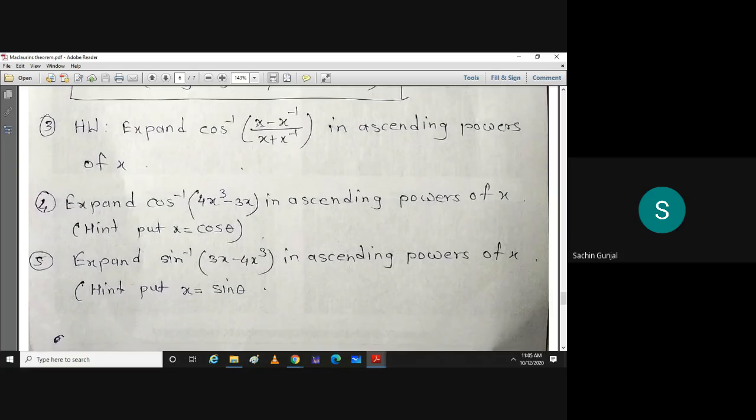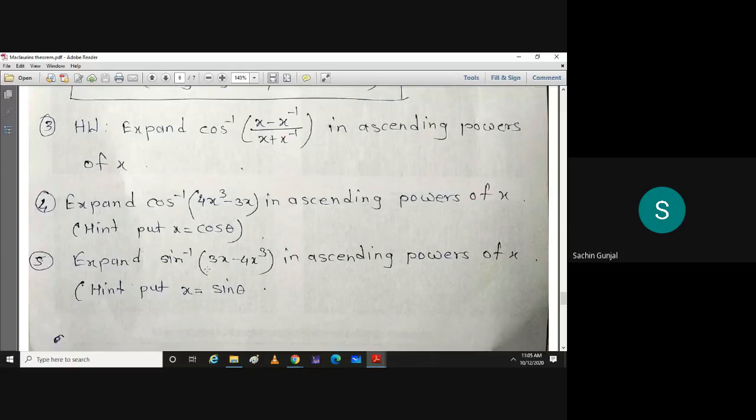Similarly, this you can do at home as homework. x minus x inverse upon x plus x inverse, and outside there is a cos inverse. I think we have seen this problem in nth derivative, and the substitution is again tan theta. Then the fourth one is cos inverse of 4x cube minus 3x. The substitution is x is equal to cos theta, and you simplify it.